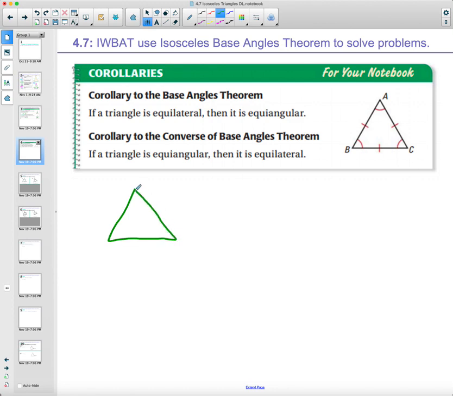So if you happen to see a picture like this, you would know all the angles are congruent as well. Okay, that forces it. And if you saw a picture like this with all the angles congruent, you would automatically know all of the sides were congruent. And in fact, since we know that the sum of the angles of a triangle is 180, if we divide that by 3, then we know that equilateral, equiangular triangles have 60-degree angles.